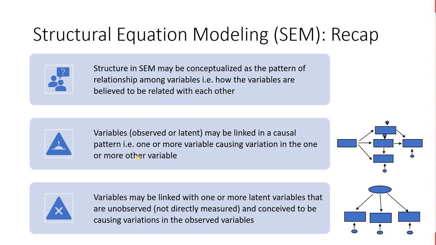And this type of structure, when we link the observed or the latent or both observed and latent variables in some pre-specified causal sequence, causal pattern, then these models are called structural model or structural relationship model in the terminology of SEM.